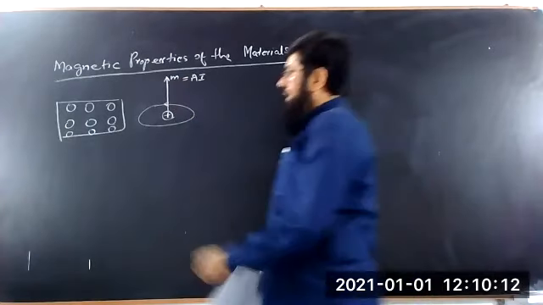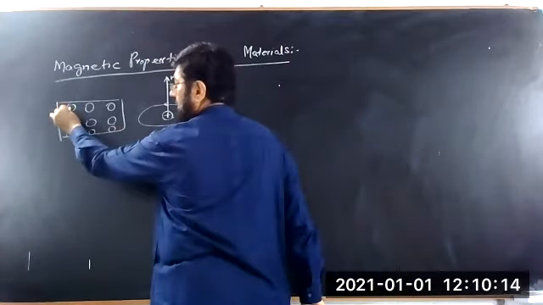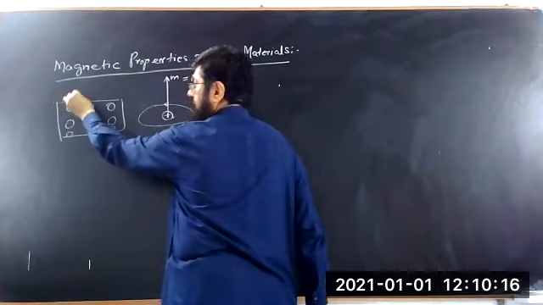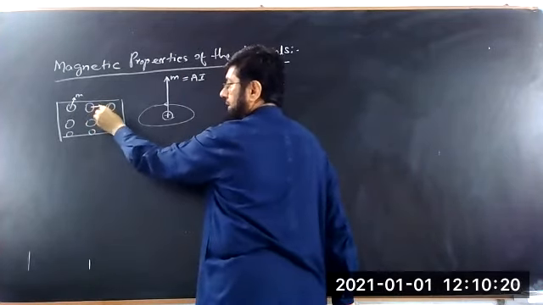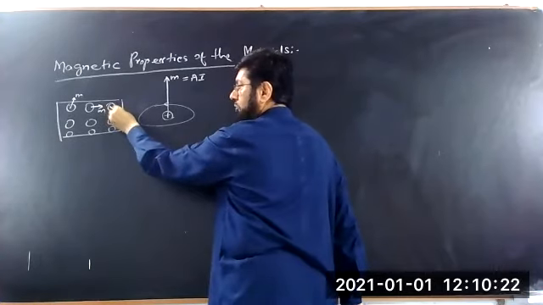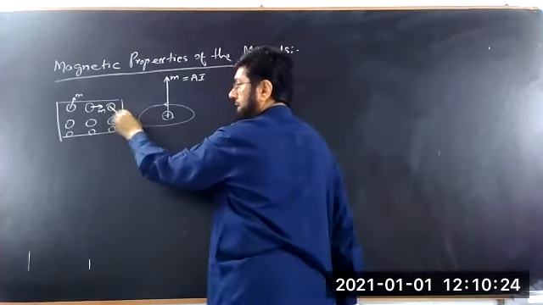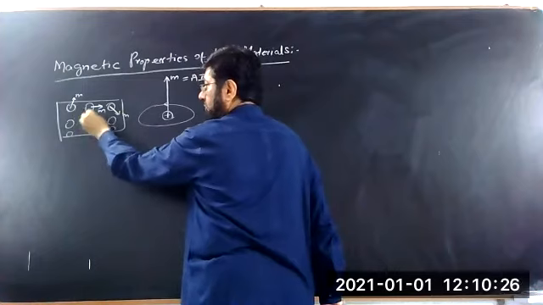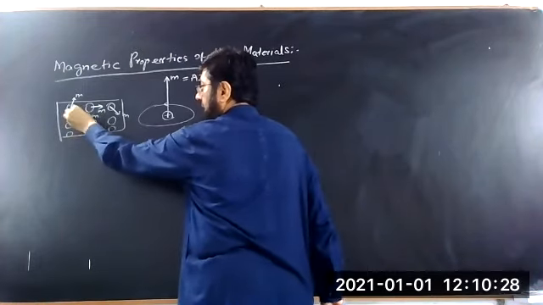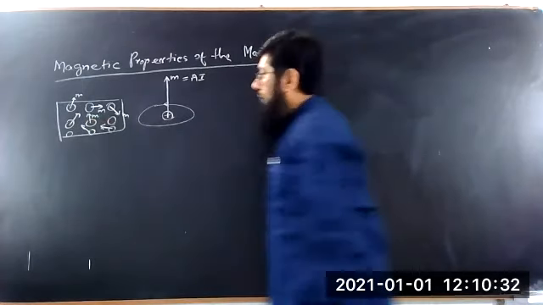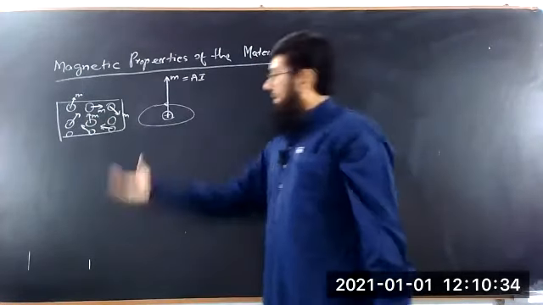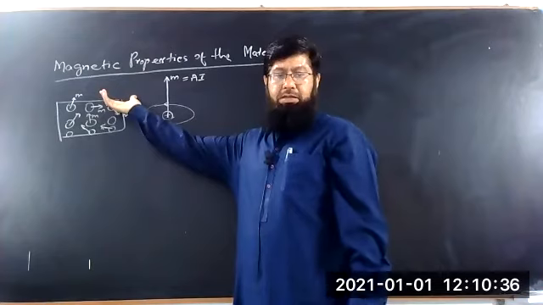So as a resultant, we say that this atom has its magnetic dipole moment M in this direction, this atom has its magnetic dipole moment in this direction, this atom in this direction, and this atom in this direction. So the magnetic dipole moment of each atom is randomly oriented.